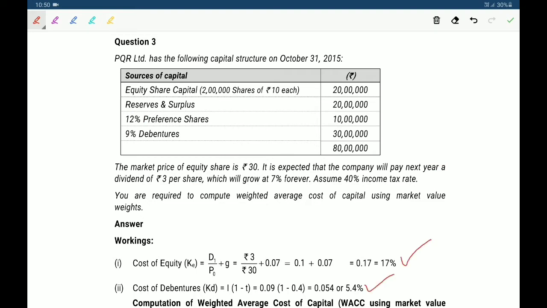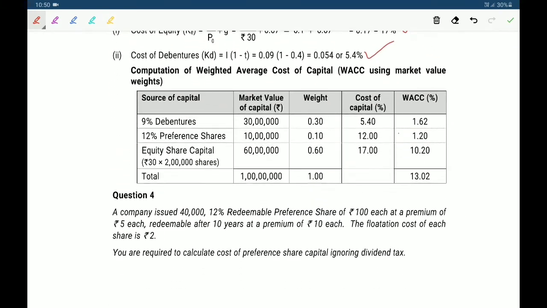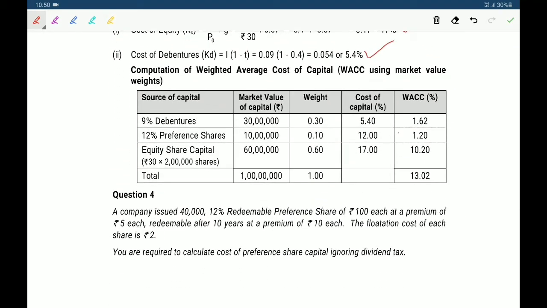Now we calculate weighted average cost of capital. So prepare a table: sources of capital, market value of capital, weight, cost of capital, weighted average cost of capital.